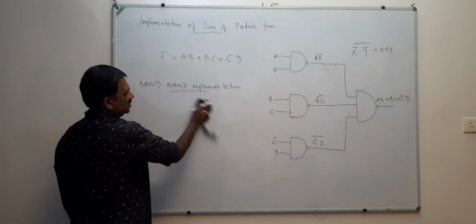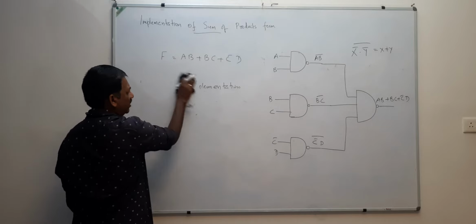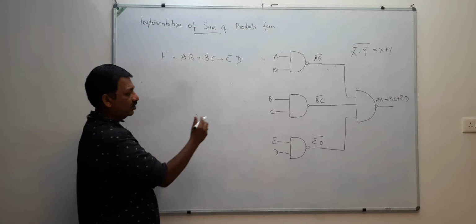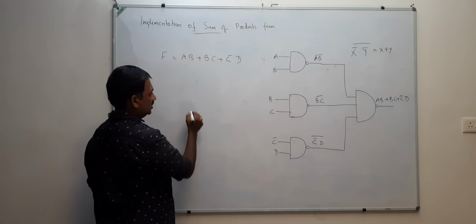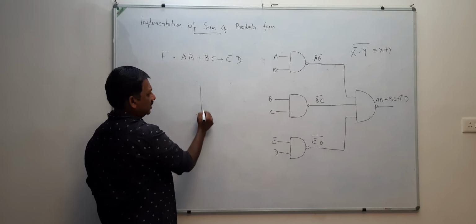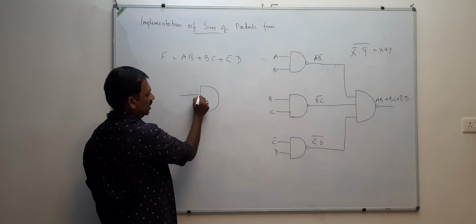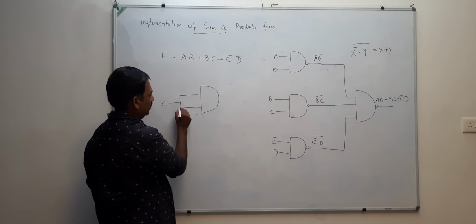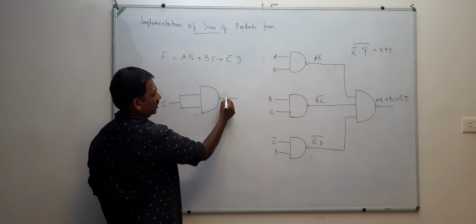Boolean expressions. And in this NAND as well, if you are going to take the complement of a literal, what you are going to do is, here you give C and you get C bar here.